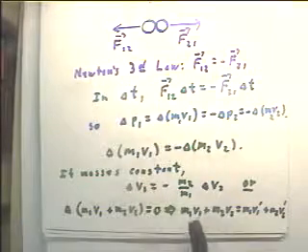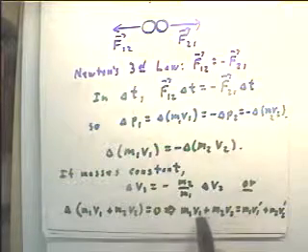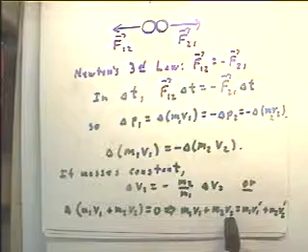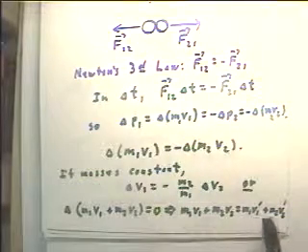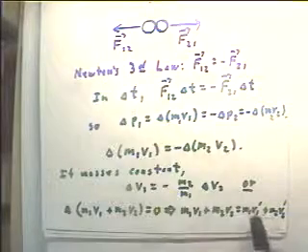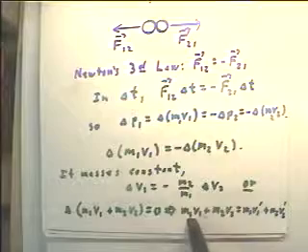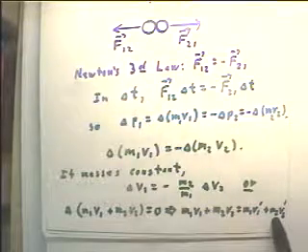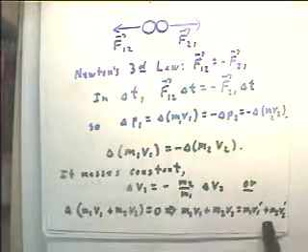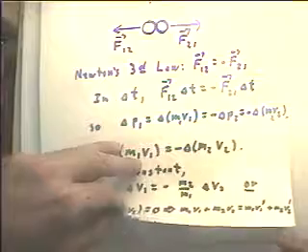And another way of saying that is that m1v1 plus m2v2, where v1 and v2 stand for the velocities before collision, is the same as m1v1 prime plus m2v2 prime, where v1 prime and v2 prime stand for the velocities after collision. And this is probably the most common form of what we call the law of conservation of momentum for two particles, or two objects.